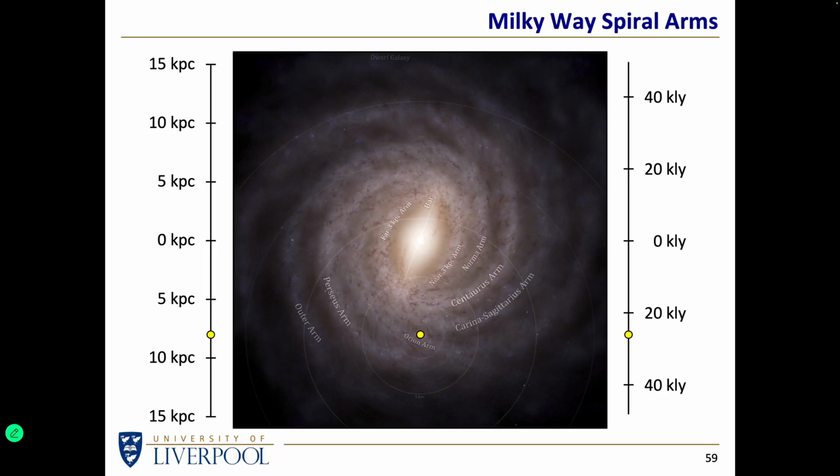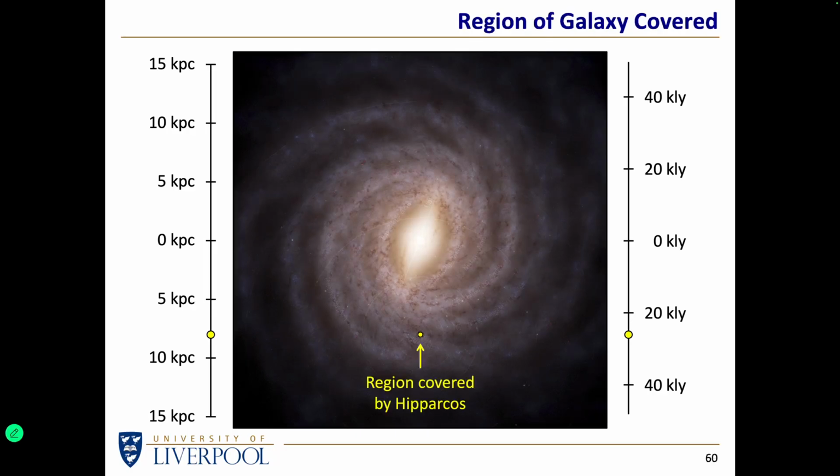So we are here some 8 kiloparsecs from the centre, or if you prefer, about 25,000 light years from the centre of the galaxy. If we think about what happened in the past, Hipparchus, the yellow dot as indicated by the arrow, shows us the extent of the stars that were mapped by Hipparchus. 100,000 stars might sound like a lot, but of course it's only a tiny fraction of the galaxy. So we could only really say what was going on inside that yellow dot. Not really representative of the whole galaxy.